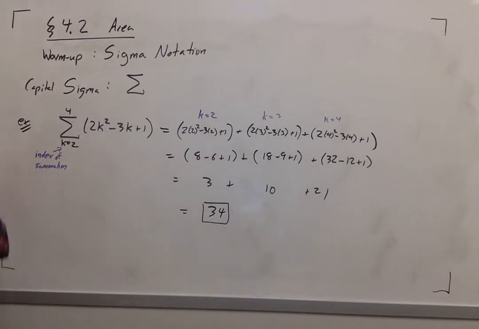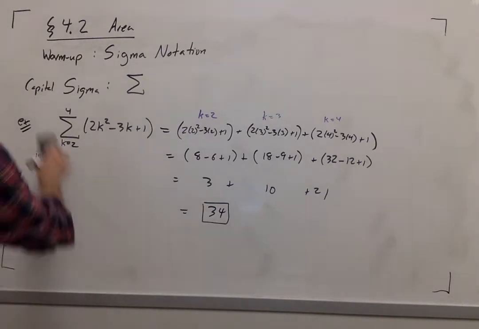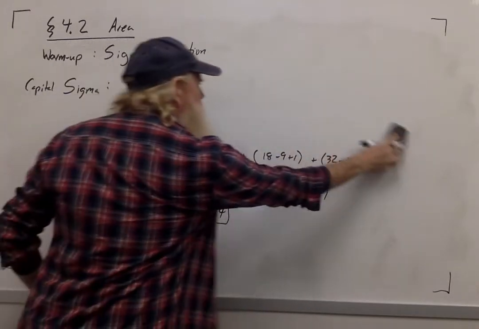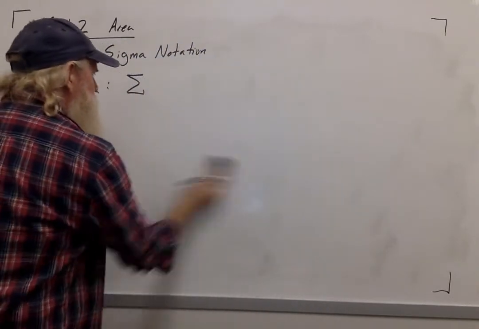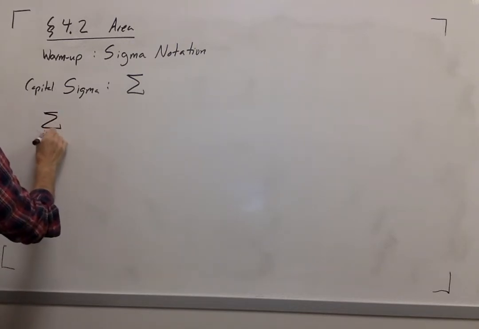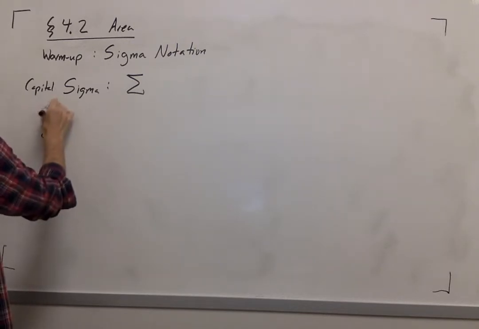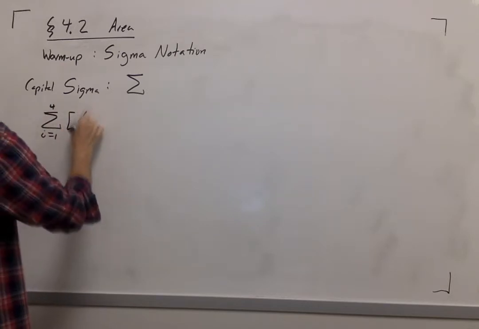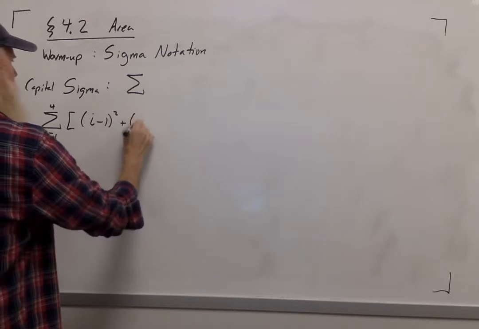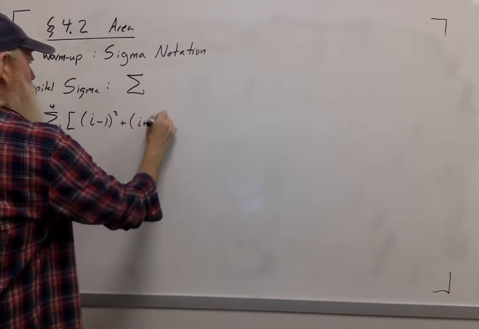For a second example, let's look at the sum i equals 1 to 4 of (i minus 1) squared plus (i plus 1) squared.